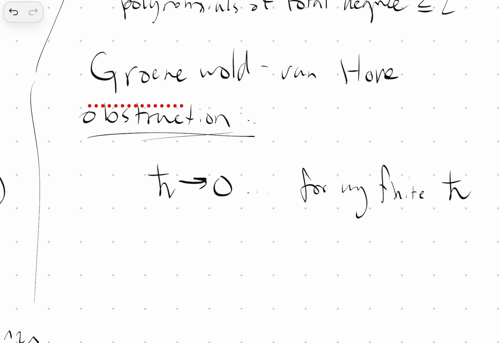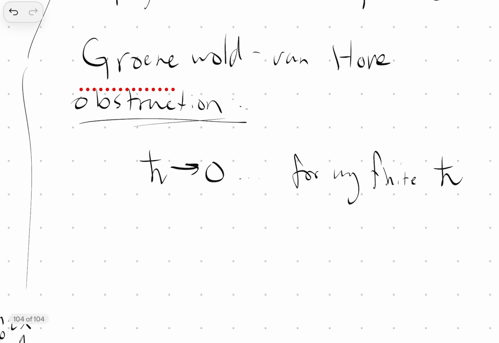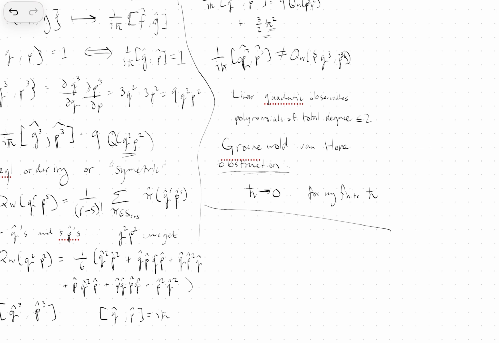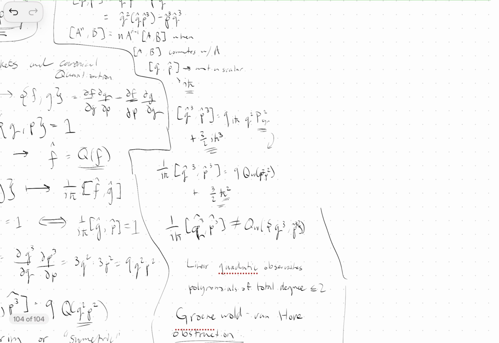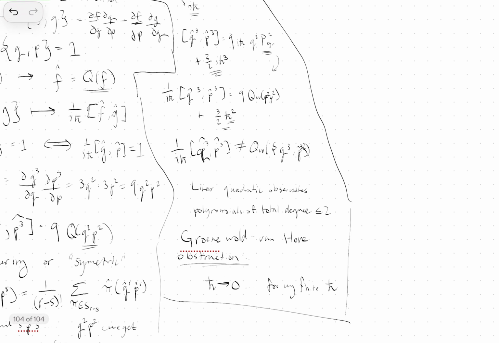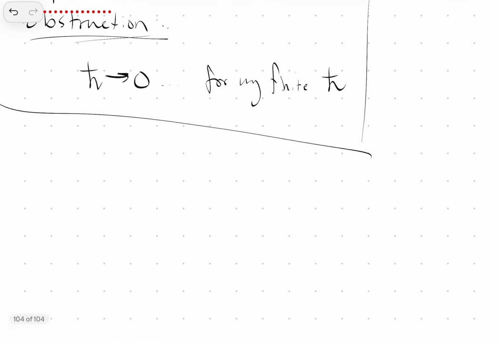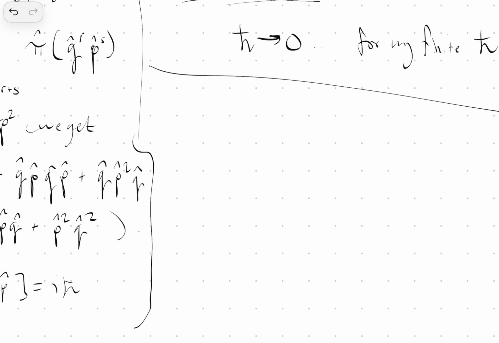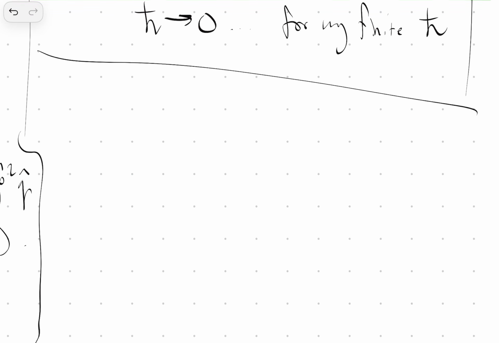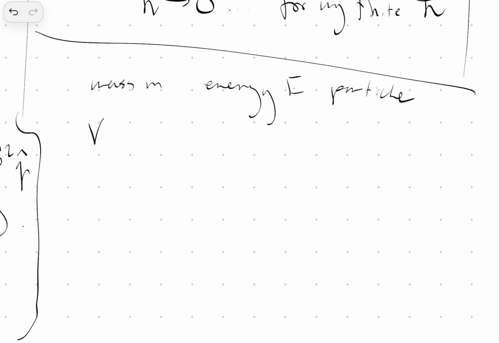So now what we can do is talk about the WKB approximation. And the WKB approximation just tells us to first start with a particle of mass m and energy E in a one-dimensional potential, so just V of x is a potential.